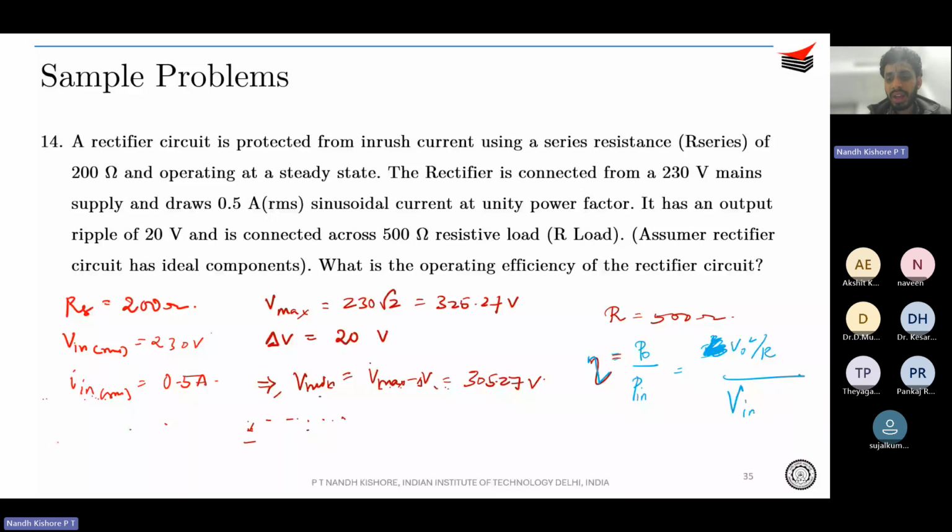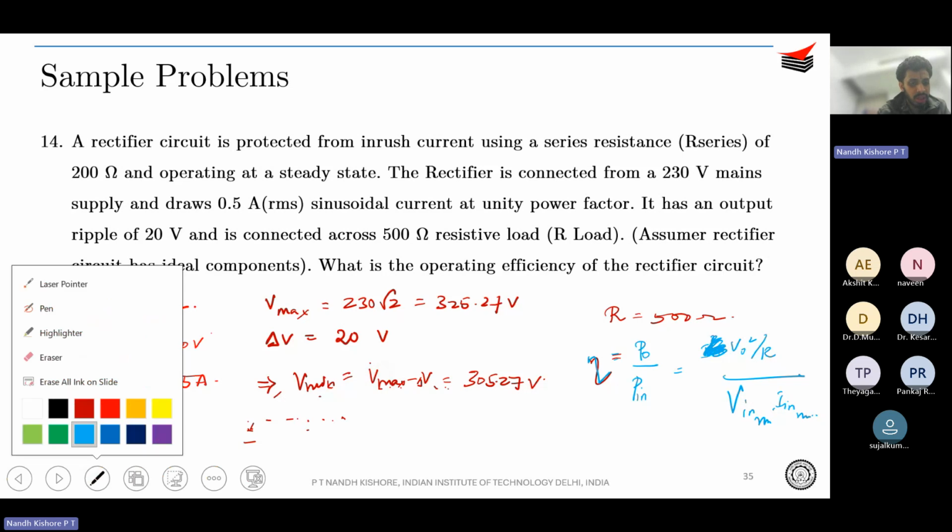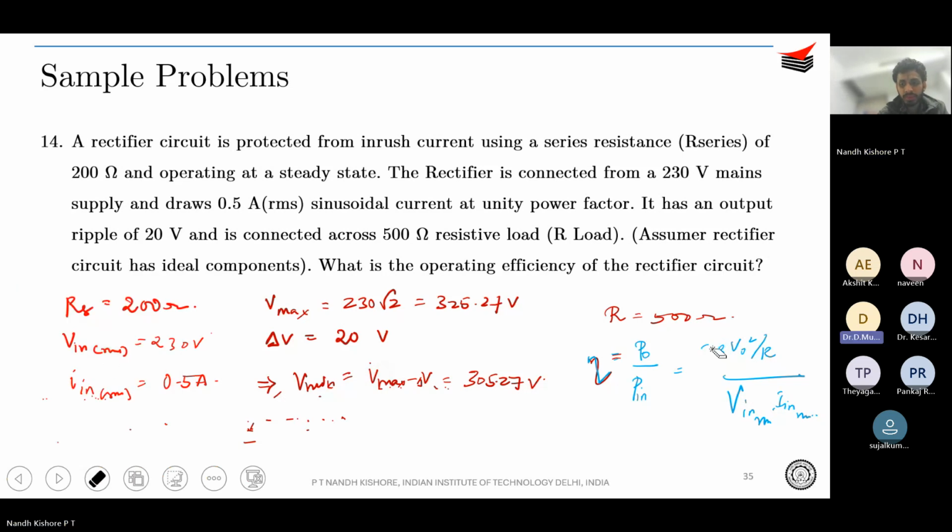P in is V in RMS into I in RMS, so this will be my efficiency, P naught over P in. They have not given any diode drop, and you can assume that all the diodes are ideal, there is no voltage drop across those diodes. We just need to find out the efficiency, given your delta V and all.